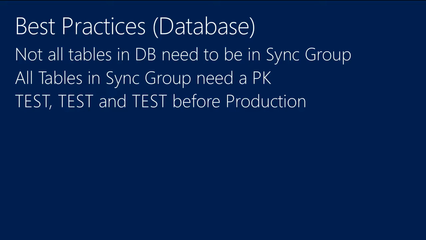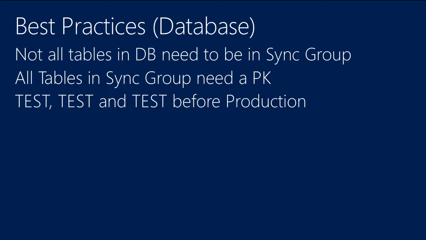So the question is, can you do this to sync up multiple on-premise databases? You can, but there has to be that hub, that SQL Azure database, in the center. You can't use this to sync two on-premise databases and use an agent to go in between. There has to be that hub in the center, and you would set up two agents and two data sync groups.